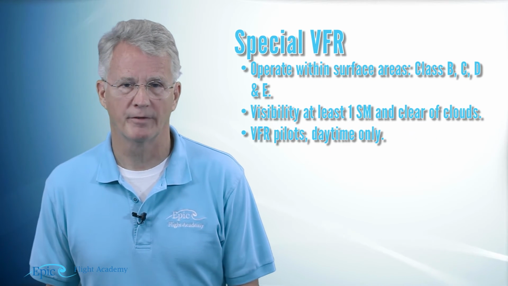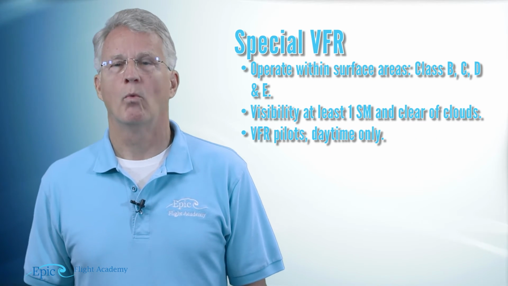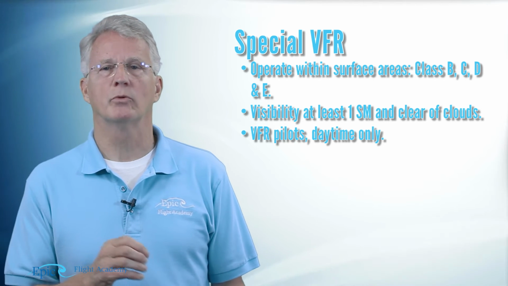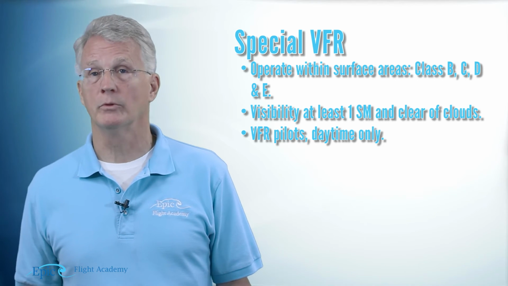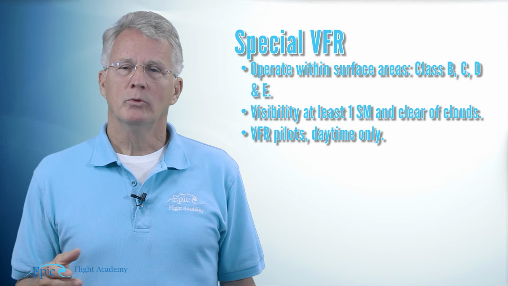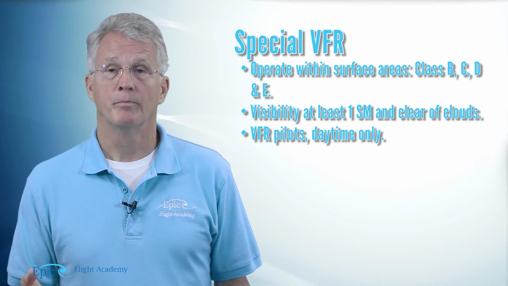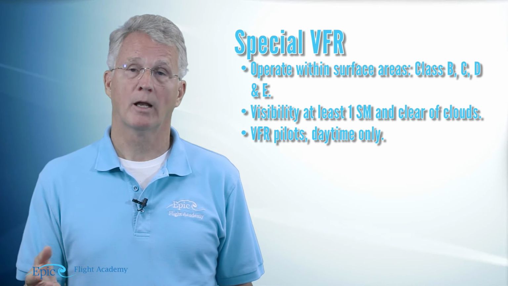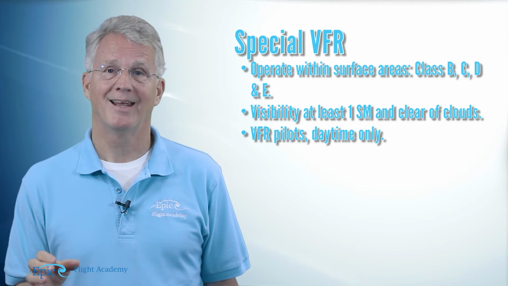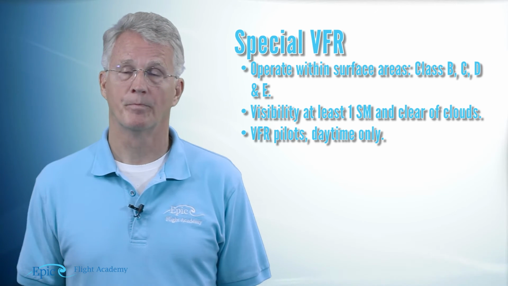Let's touch briefly on something called Special VFR. Now, when we talk about visual flight rules and instrument flight rules, these rules are determined in Part 91 based upon weather, particularly cloud ceilings and flight visibility.